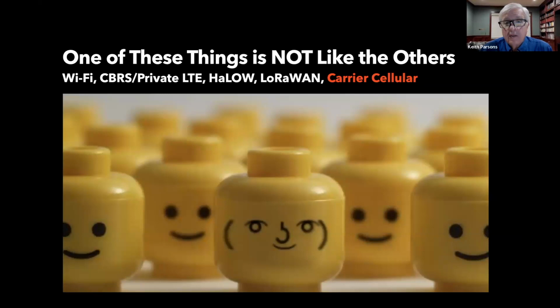And there's a stark difference between them. Wi-Fi, Wi-Fi Halo, LoRaWAN and Zigbee use some of the same channels, but entirely different protocols. CBRS and private LTE use an LTE protocol on their own private bands.